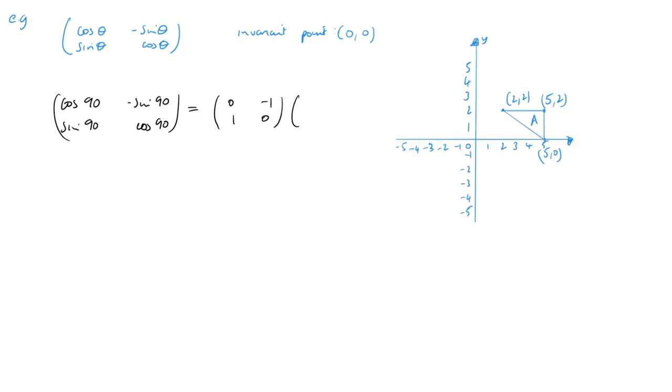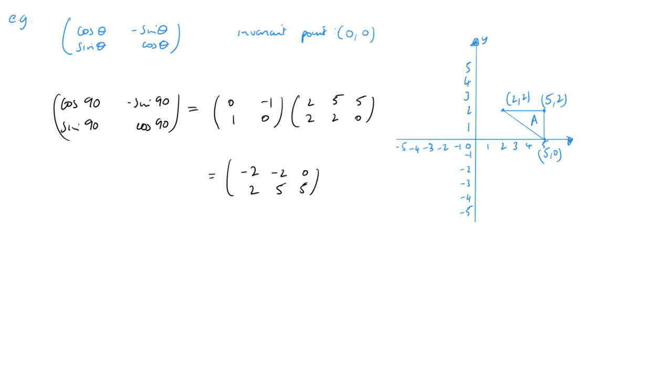Applying it to our coordinates here, we get 0 minus 2, 0 plus 2... we get 5, we get 5.